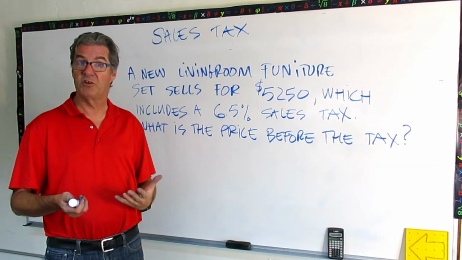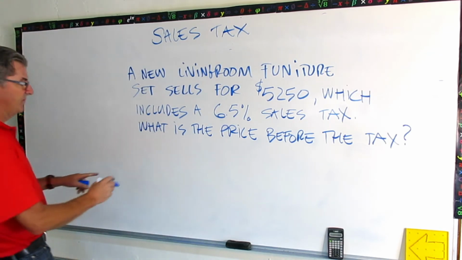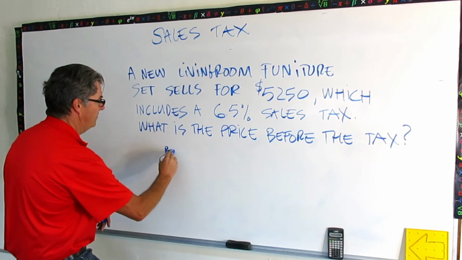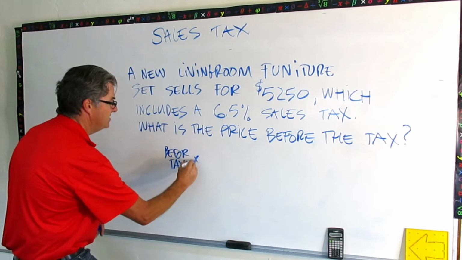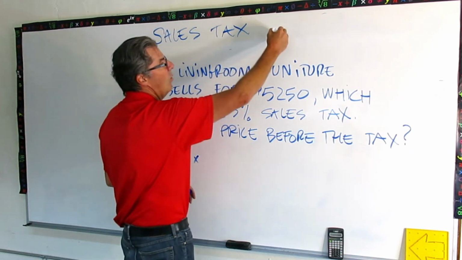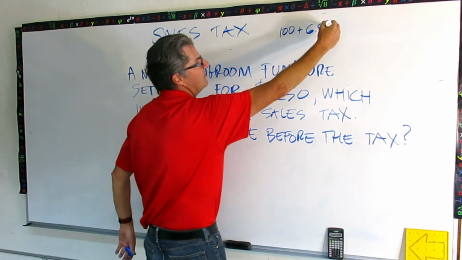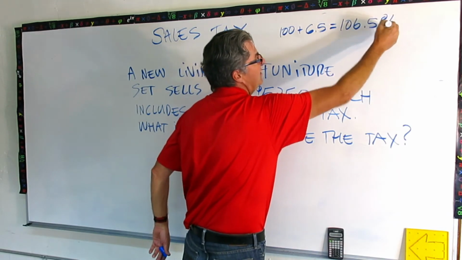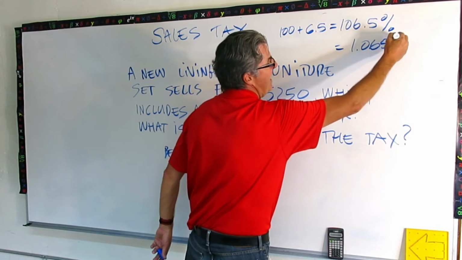The first thing we can do is write our equation. We're going to write before tax price times our multiplier. Now what's our multiplier here? It's 100 plus 6.5, so that's 106.5%, which is 1.065.